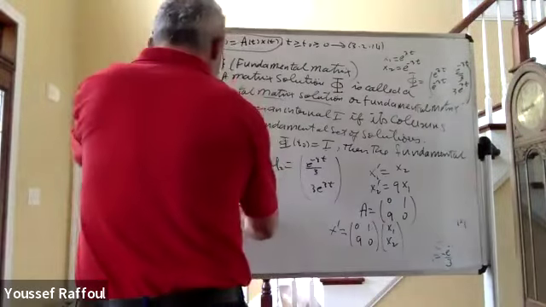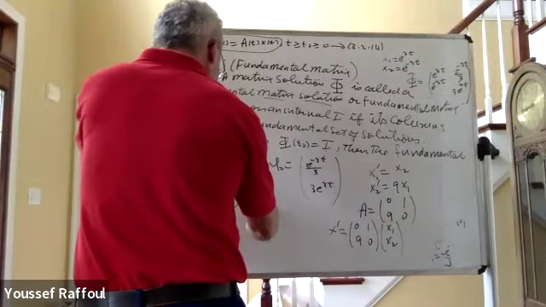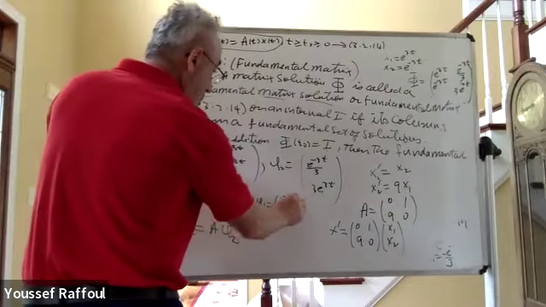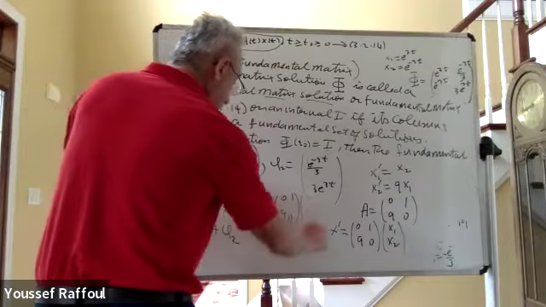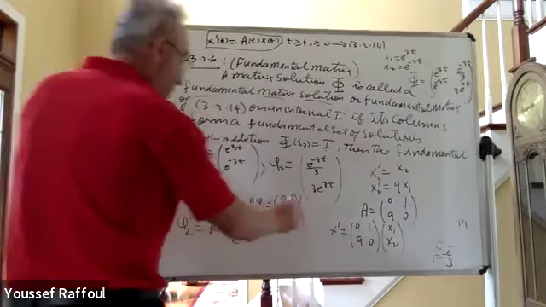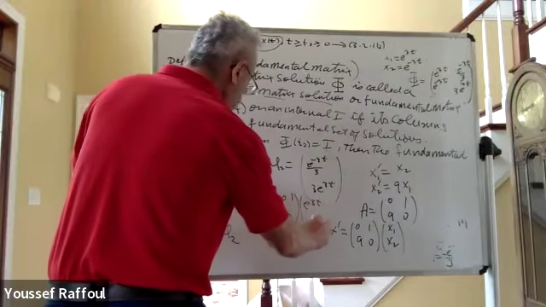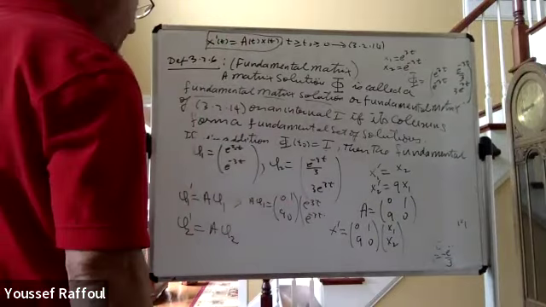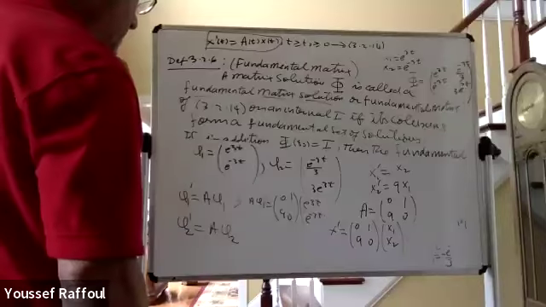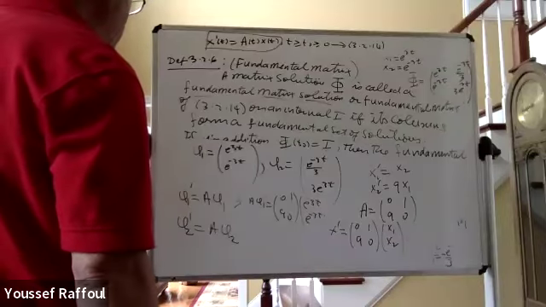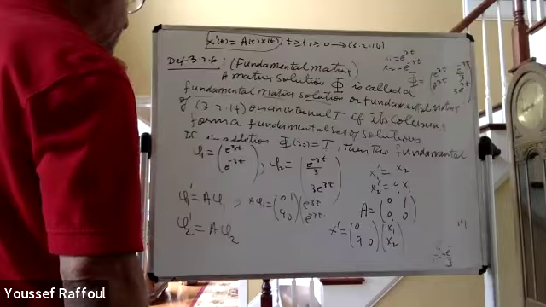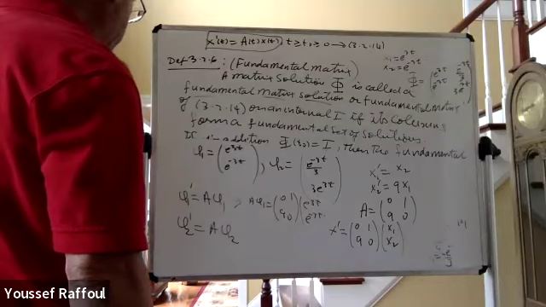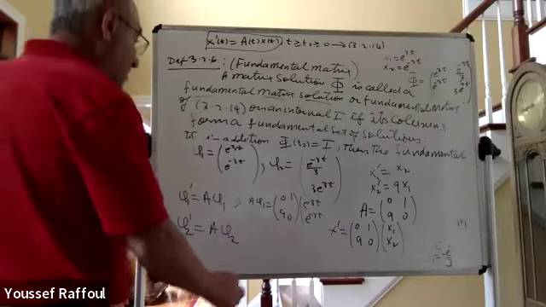So let's take a look at this one. What is A phi 1? That is 0, 1, 9, 0 times phi 1, e to the 3t, e to the minus 3t. Okay? Let's see. Maybe I wanted to take it differently. Oh, phi prime. All right. So what is that equal to?